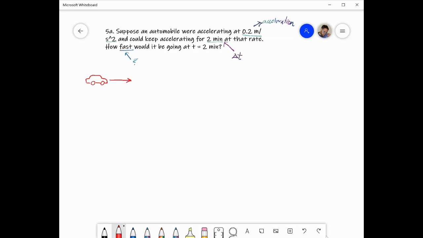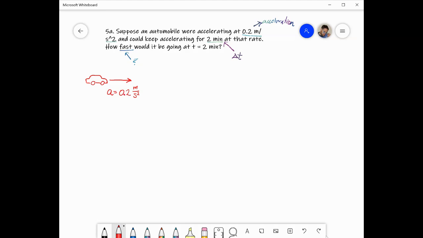And I'm going to put my knowns right onto this drawing, because I feel like that helps me to see things. My knowns here is that I have an acceleration. So I'm going to put a equals, that's my acceleration, and I'm going to write in 0.2 meters per second squared. So this is my acceleration.